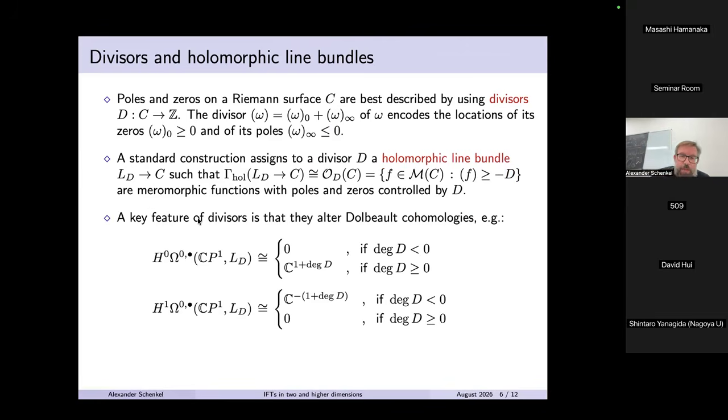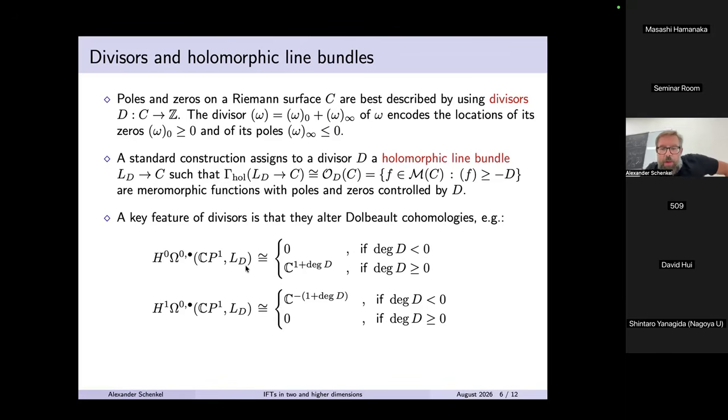Now, the key feature of these line bundles or of these devices is that you can use the line bundles to twist the Dolbeault homologies, the Dolbeault complexes. And these twisted Dolbeault complexes, so these are Dolbeault forms on CP1 with values in these line bundles.